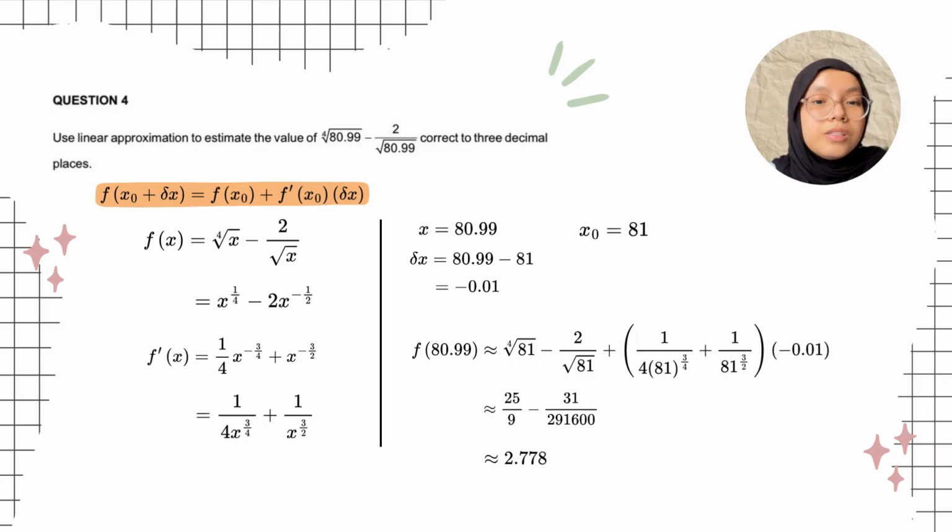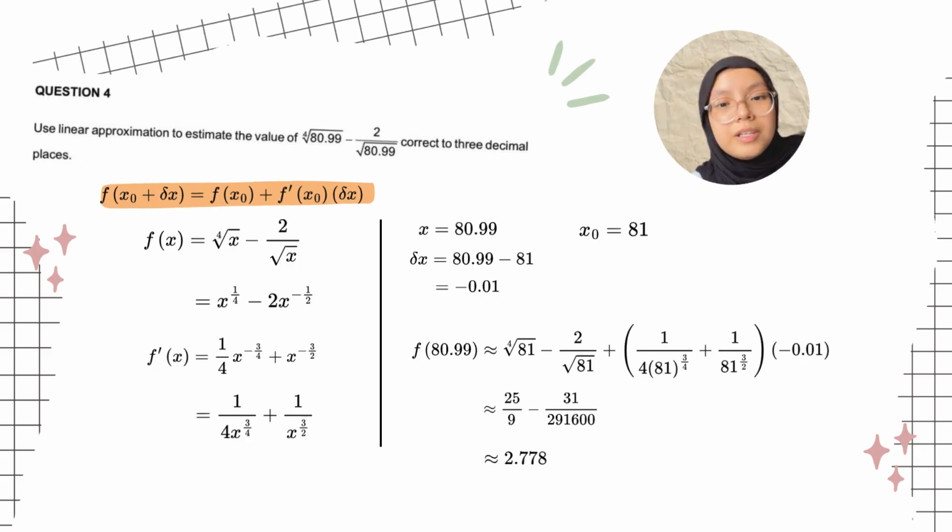To find the answer, we need to have an initial value, which is x naught. 81 will be the initial value since it is the nearest value to 80.99. Delta x is equal to x minus x naught. Next, we substitute all the values into the formula and calculate it. The answer will be 2.778.